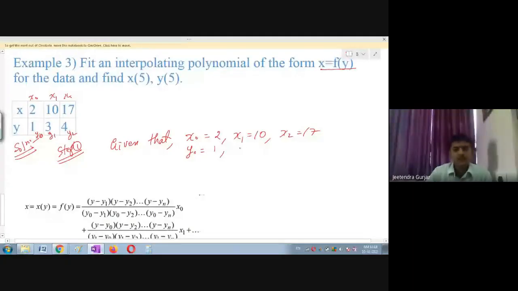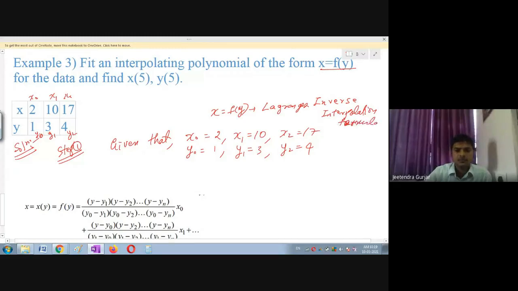So what do you think? Lagrange's interpolation formula and Lagrange's inverse interpolation formula, you know. But looking at this x is equal to f of y, this tells you that you have to use the inverse interpolation formula. This is that clue or trick.